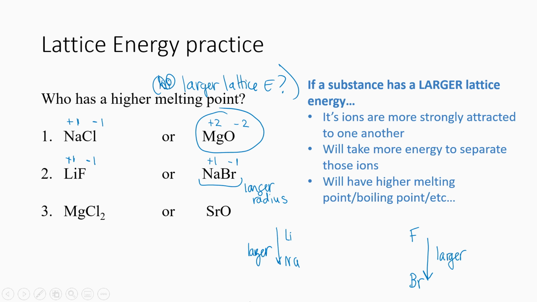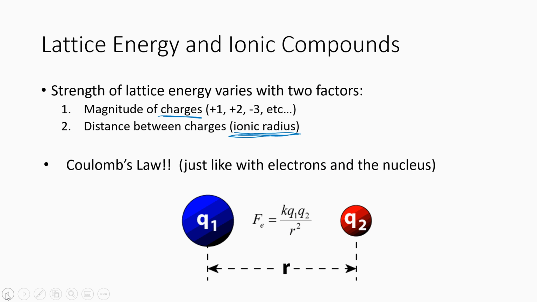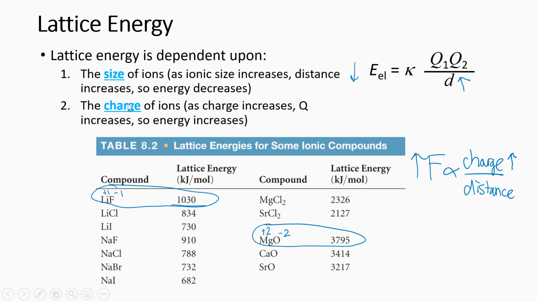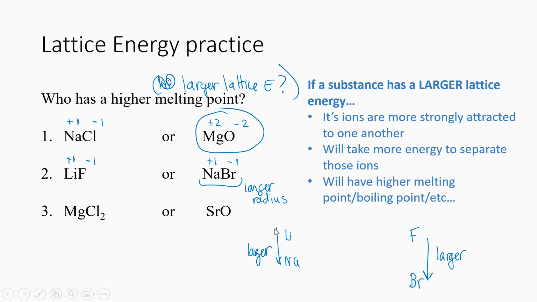And if we have a larger radius, let's look back at our example here. As the size of the ions increases, the distance between them increases, so the attractive force is going to decrease. The ones with the larger radius have a larger distance between them, so they'll be less attracted.